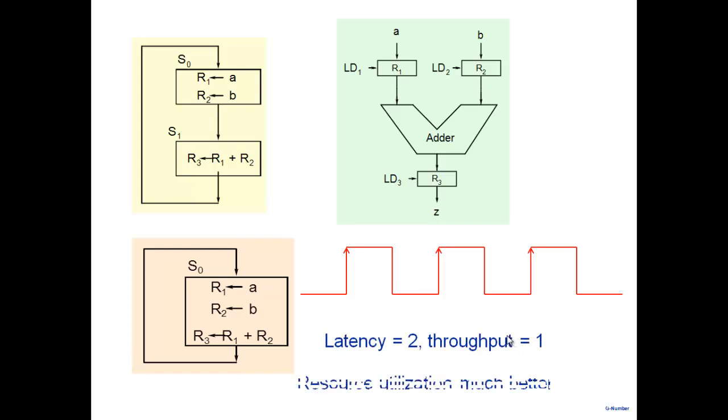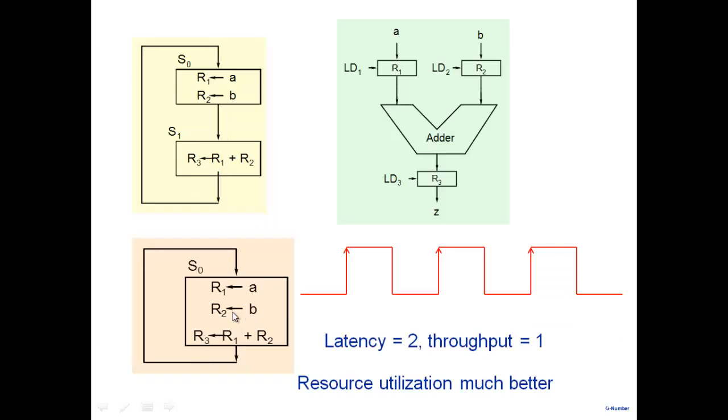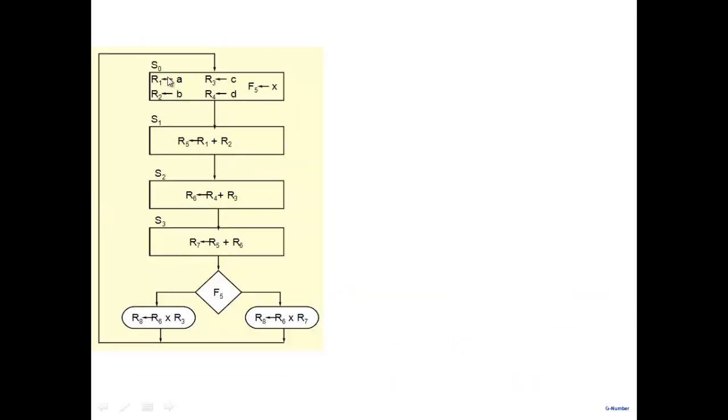So my point was that resource utilization, of course, is 100%. I'm using the adder in every clock cycle here. Okay. So my point is that when I take a problem and intuitively decide and map it onto a set of states, saying how my algorithm will be executed in S0, S1, S2, S3 and all that, just like in a finite state machine when I capture the problem as a state transition graph, we said that we may be using a lot more states than are necessary.